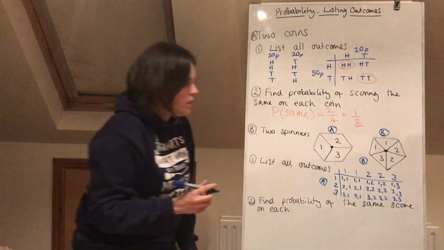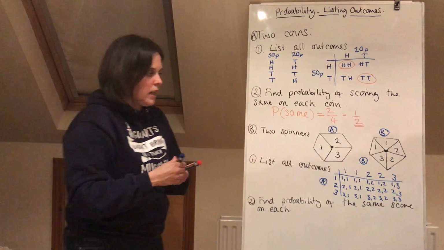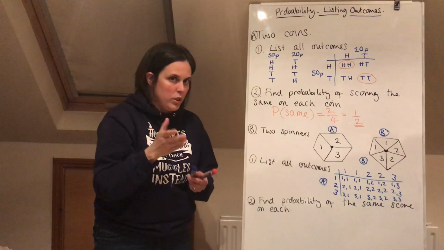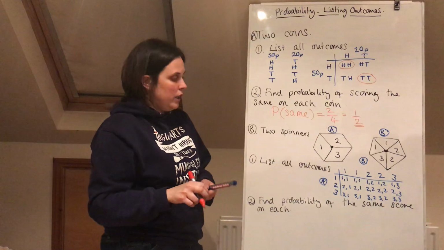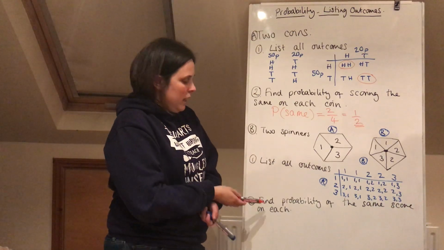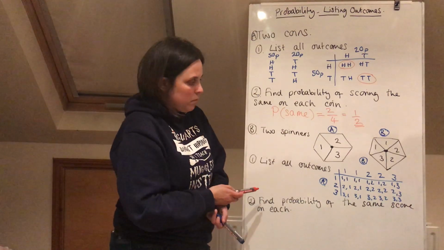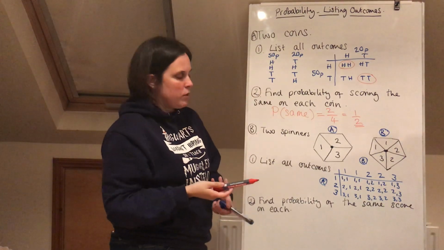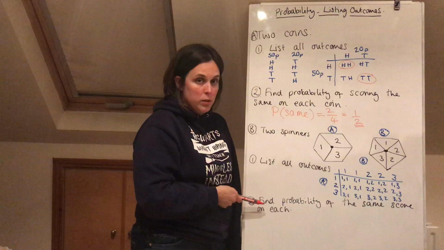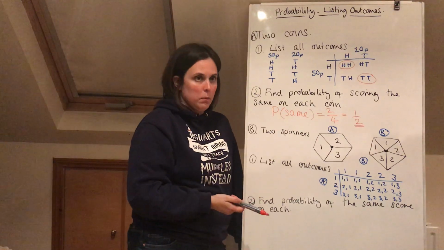Okay, so hopefully that's nice and easy for you to be able to do, and you can obviously write that down so it's clearer for you. And then that is all of the outcomes. Okay, now just like up here, how many different outcomes have we got altogether? Because that's important before we even start coming on to the probability.